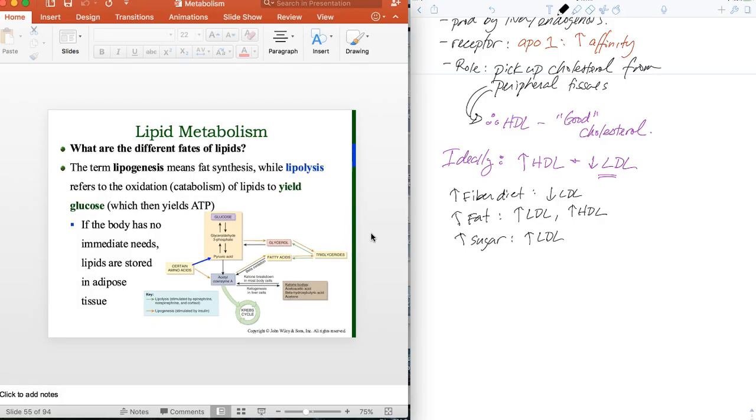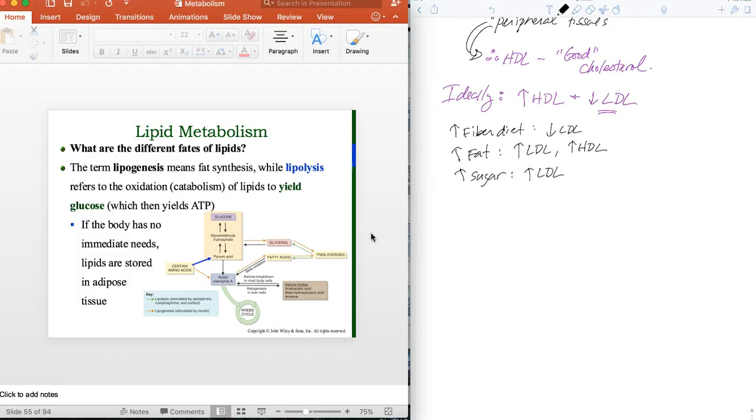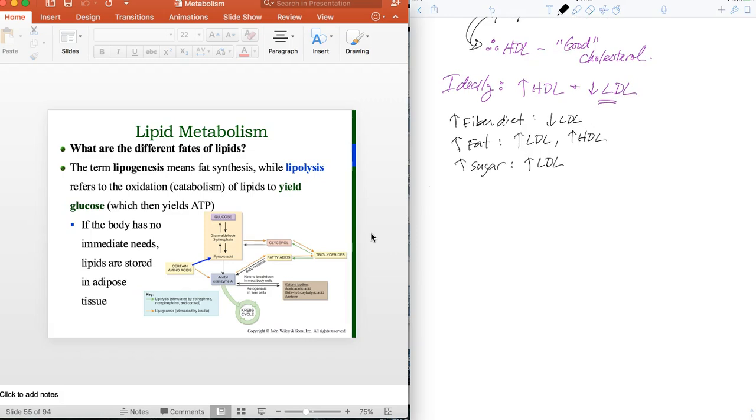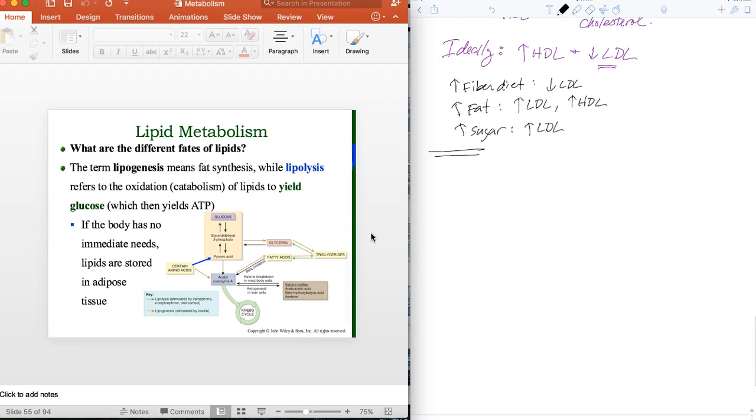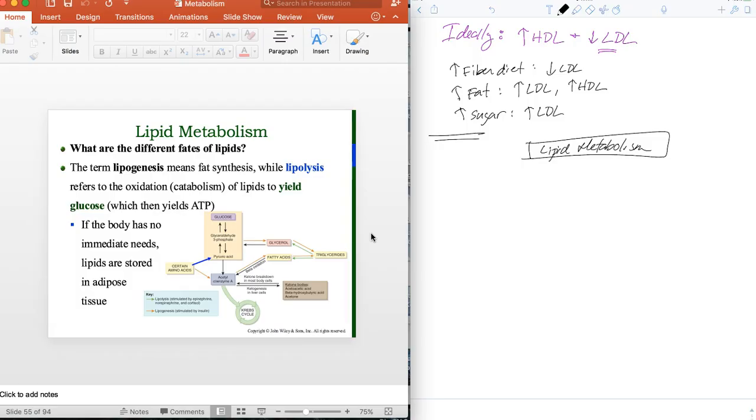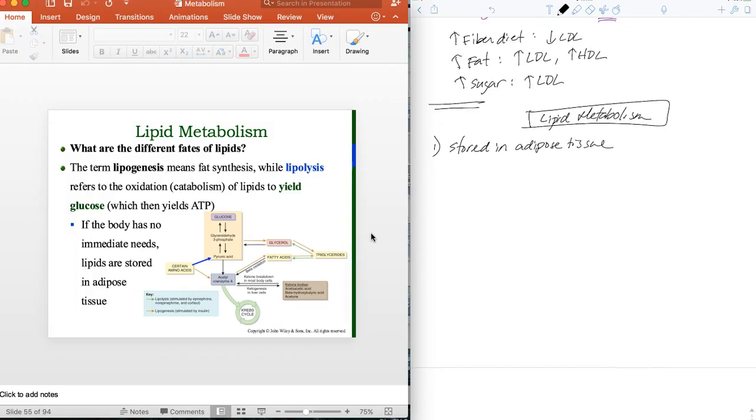All right. So what happens to these fats? What happens when they are being actually used as fuel, and what happens when you take them in? So let's talk a little bit. And again, these are potentially big topics, but we got to just get into the main overall big picture. So in terms of lipid metabolism, lipids can be stored, especially in the form of triglycerides.